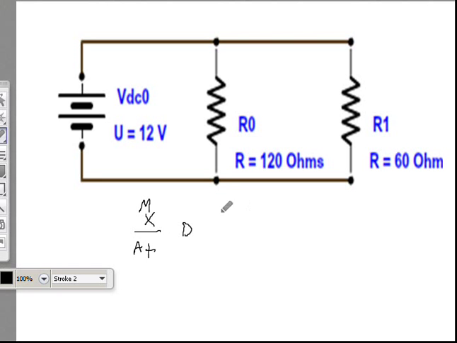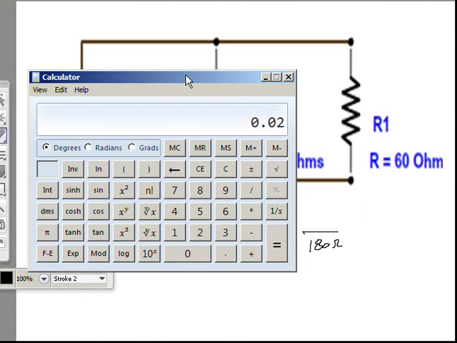So using that method, I'd have 120 ohms times 60 ohms over 120 ohms plus 60 ohms. Let's see, I'm not going to do the 12 times 6 in my head here.